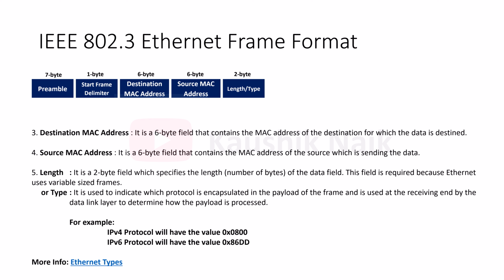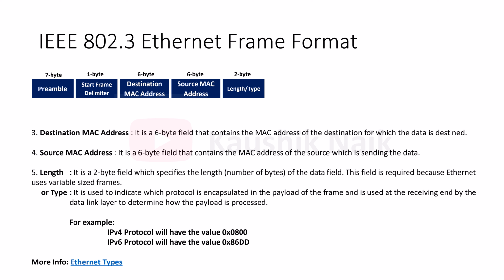This field can act as either length or type of Ethernet frame. If it is a normal Ethernet frame, which means we are communicating from the data link layer, then this field represents the length of the payload. But if it is beyond the data link layer, that is, if layer 3 or layer 4 is involved, then this field represents the type of Ethernet message. Type of Ethernet frame can be anything.